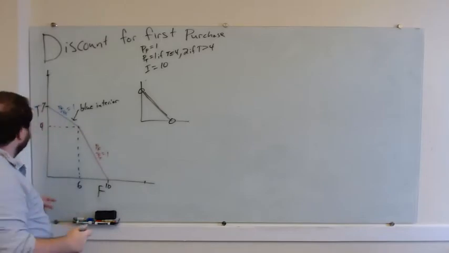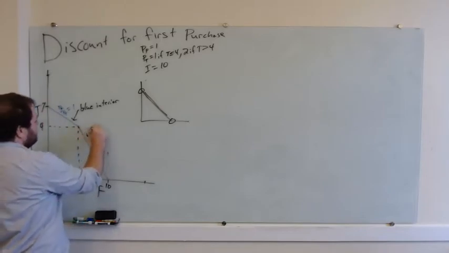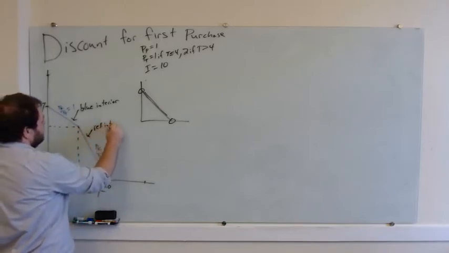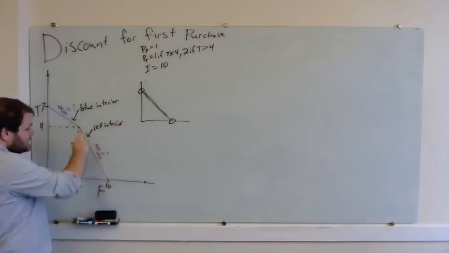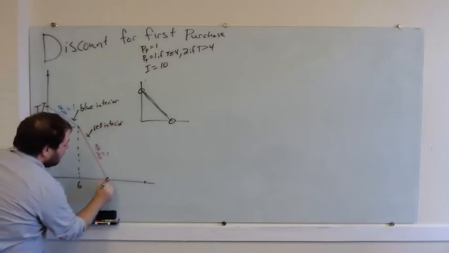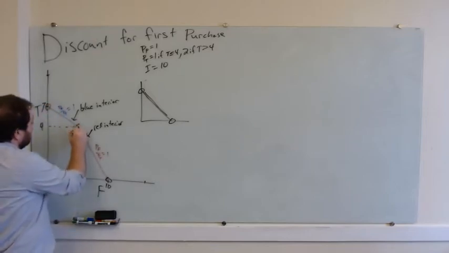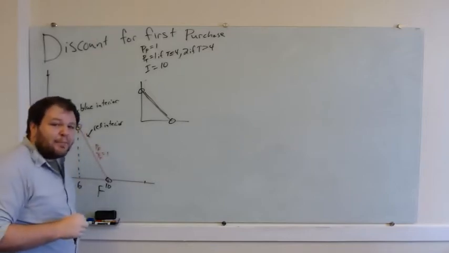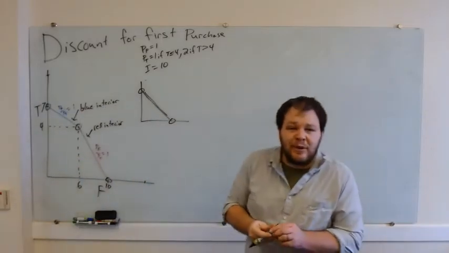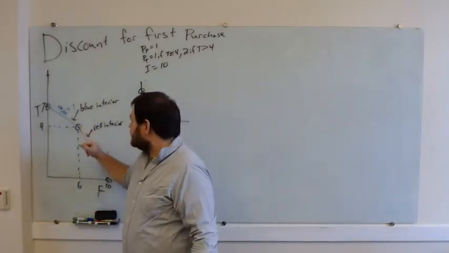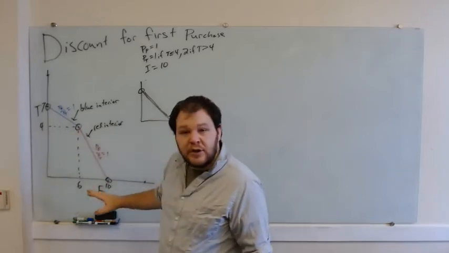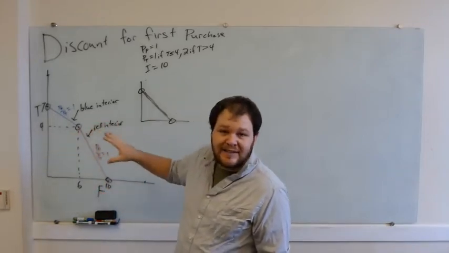I could have a red interior solution somewhere here, or we could have a horizontal or a vertical corner, or our optimal choice could be right at the kink point. So essentially, for each segment of our budget constraint, we have the corners that we're used to, or we could have a solution somewhere in the interior of our budget constraint.